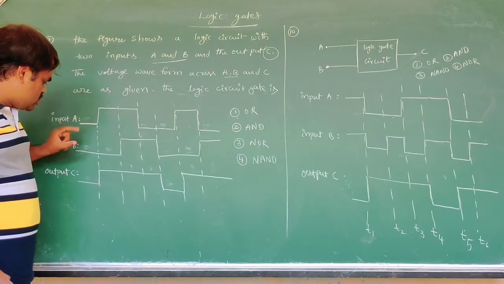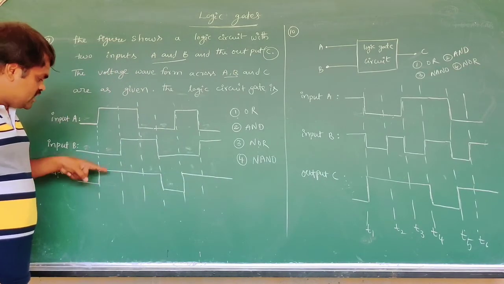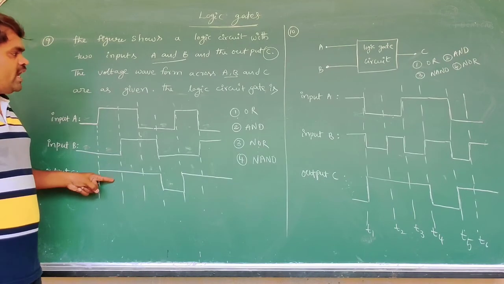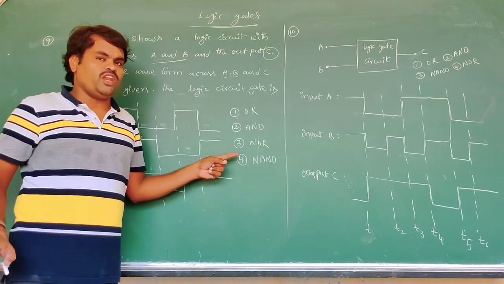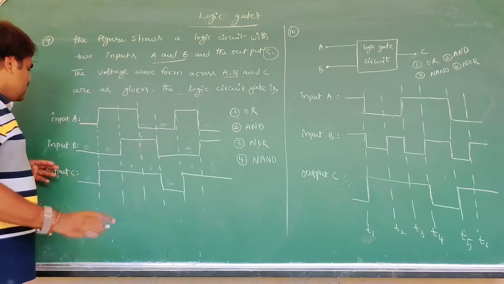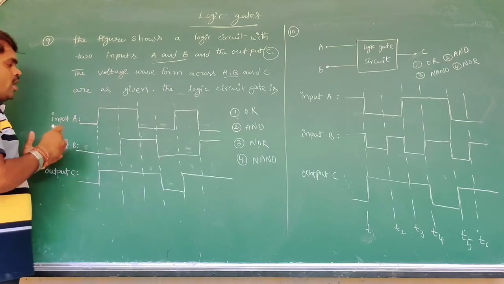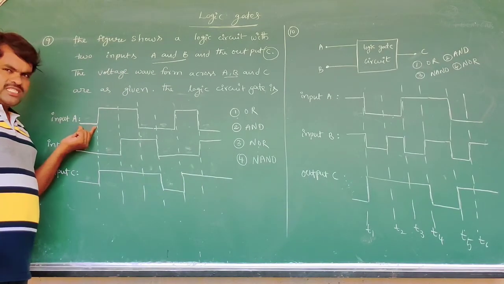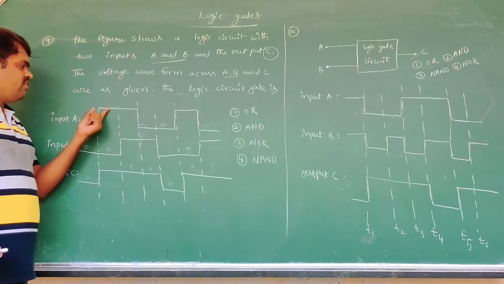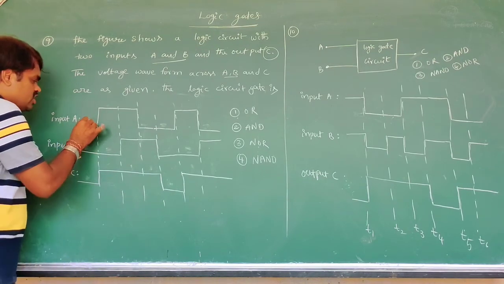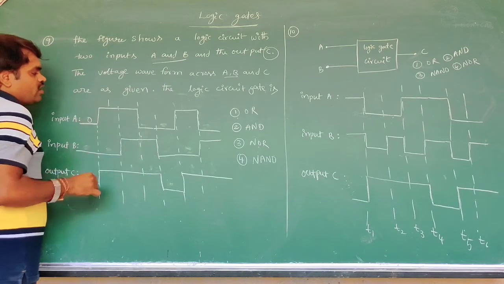These are the inputs, this is the output. This output is formed by which type of gate? We can find that. In the waveform, the low level voltage is represented as 0, and the high level is represented as 1.